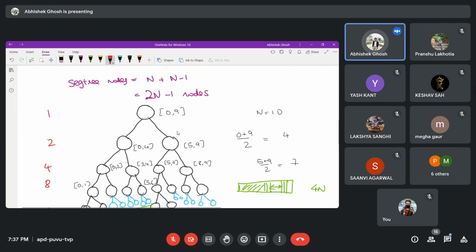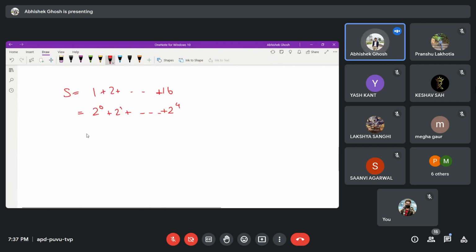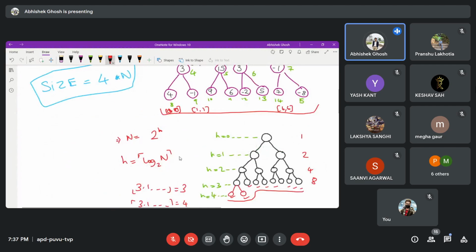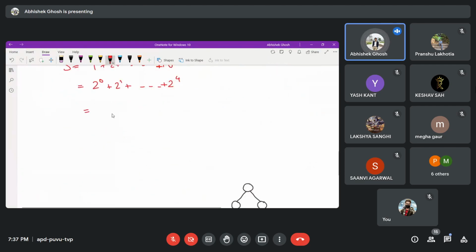And 4 was the height of the tree. Feeding in the height from the previous part, 2 power 0 plus 2 power 1, right up till 2 power ceiling of log n base 2, will be the number of nodes that I'm using.